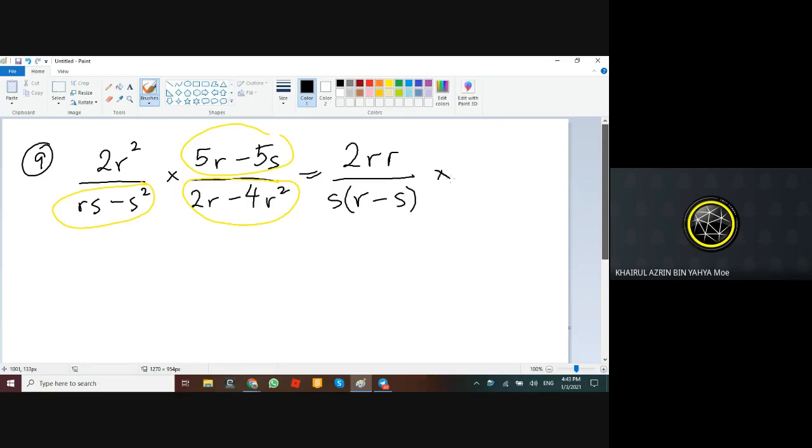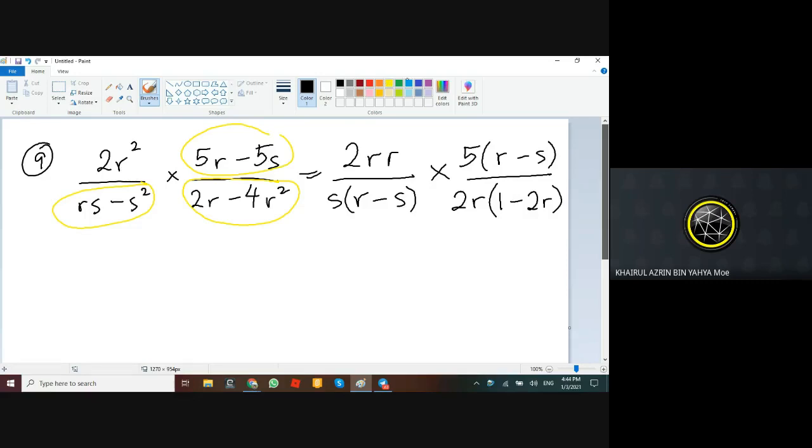For the upper part, 5r minus 5s, 5 is common, so we factor 5 and it becomes r minus s. Divided by 2r minus 4r square: 2 and r we can factor, so 2r times, and here actually is 1 minus 2r.